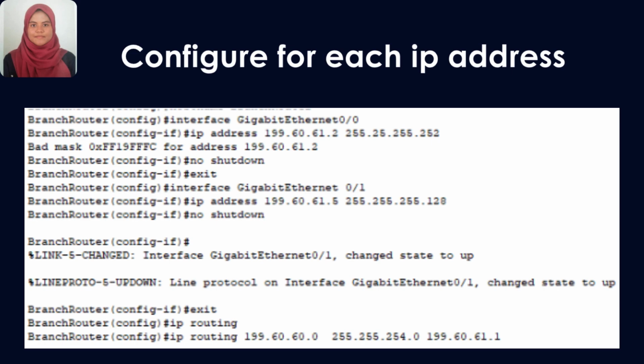I also enabled IP routing and added a static route so that traffic to the 199.60.60.0/23 network will be sent through the next hop.